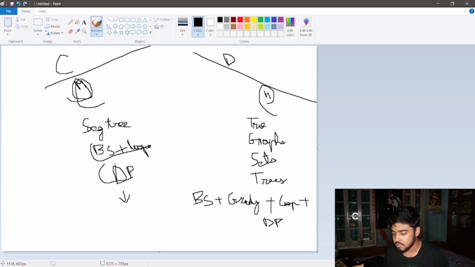So you don't have to stress that you need to know all the data structures by heart. I hope you get a basic idea. For this problem you need binary search, greedy, loops, and DP. For some problems, you may need segment tree plus DP, or something like this.